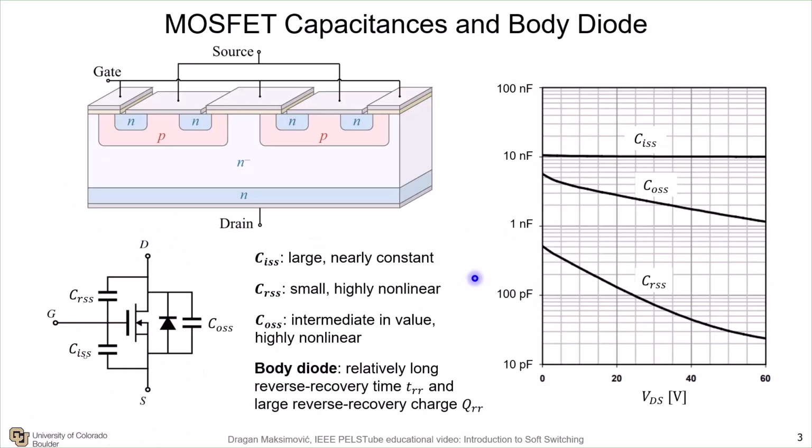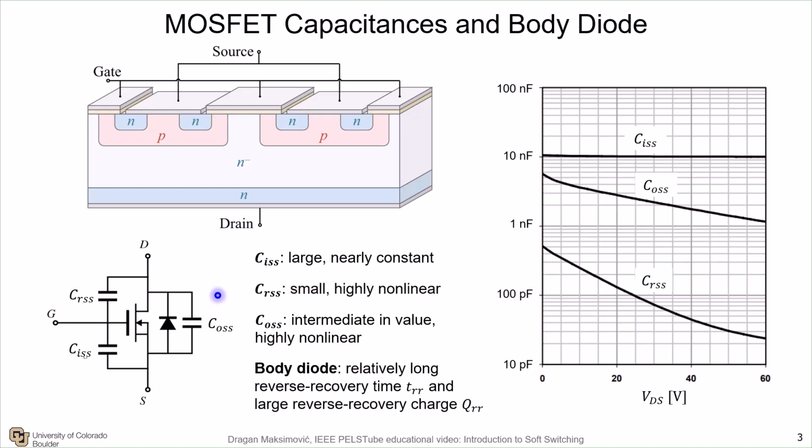Before we get into details of the switching transitions, let's take a quick look at the MOSFET structure and some of the parasitic elements around that MOSFET structure. So first of all, the conduction between drain and source is controlled by gate to source voltage. When the gate to source voltage is well above threshold, a conductive channel is established between drain and the source, and the device is represented by a relatively small on resistance.